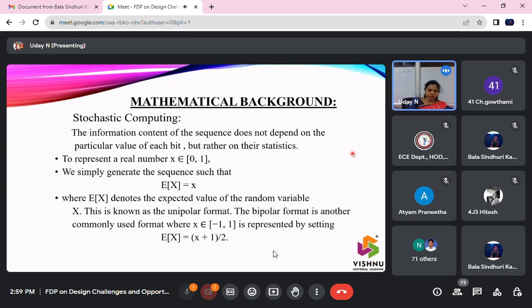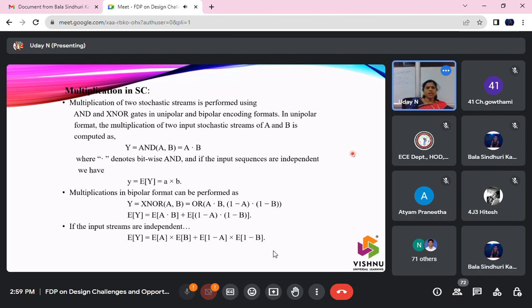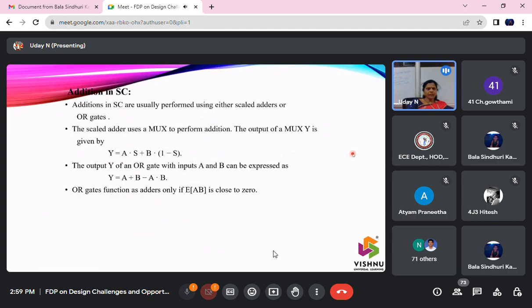In stochastic computation, multiplication is visualized as an AND operation. The addition used in stochastic computation is called scaled addition, and it is given by y = as + b(1 - s), which is nothing but a multiplexer.